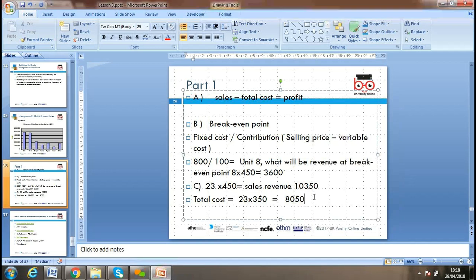So won't we add the fixed cost? 800 plus 8050. Yes. Well done. Total cost equals variable cost plus FC. Well done.